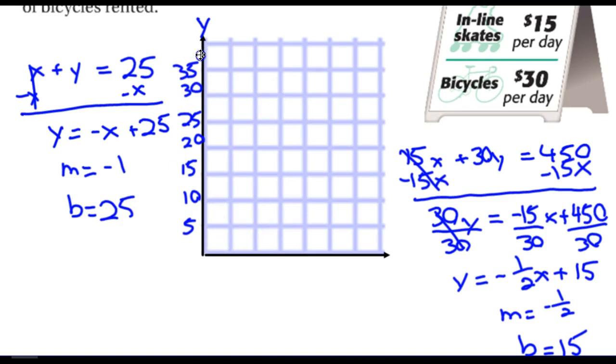Now, if I went up by 5s here, I might as well go up by 5s here. So 5, 10, 15, 20, 25, 30, and 35. Our first line, we know that our B is at 25, so I'm going to put a point there.